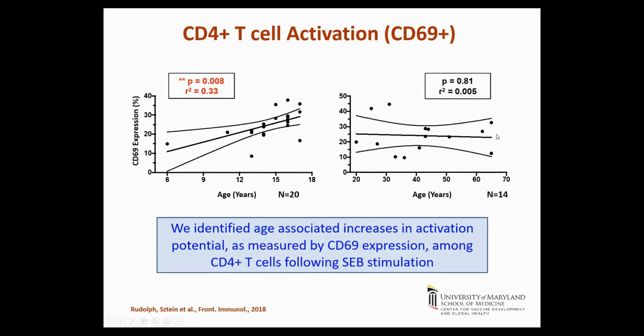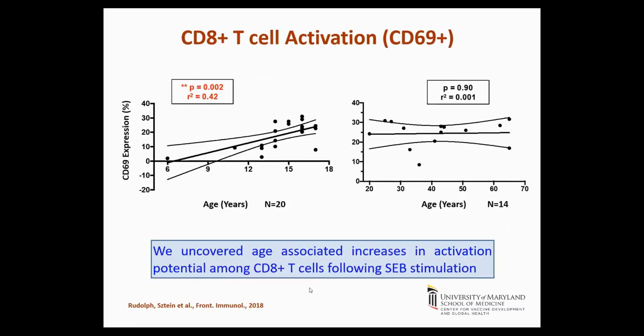You can see a P of 0.81, showing that throughout age, the responses to SEB do not change in adults. So we identify these age-associated increases in activation potential among CD4 positive cells in children.